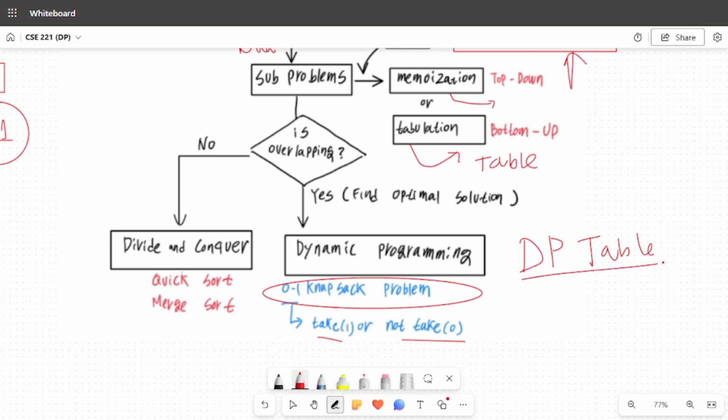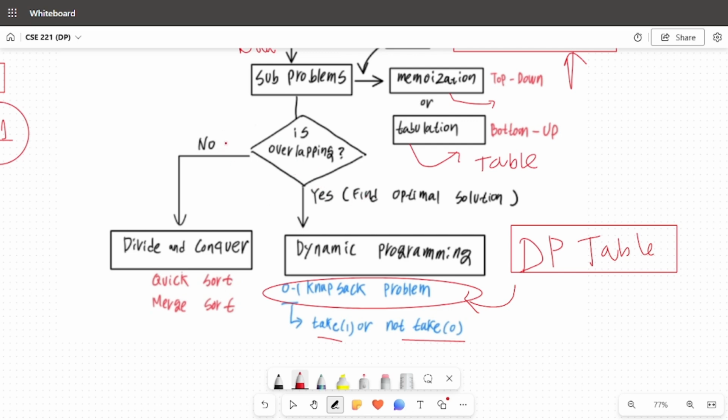What is a DP table? It is a method to solve the 0-1 knapsack problem. You cannot just solve the 0-1 knapsack problem at any time. You have to draw a DP table where you can solve it. After doing the DP table, you can find the optimal solution when you have an overlapping problem, right?